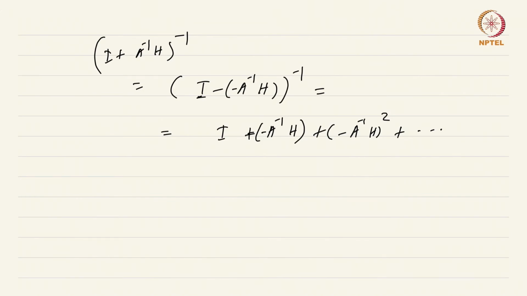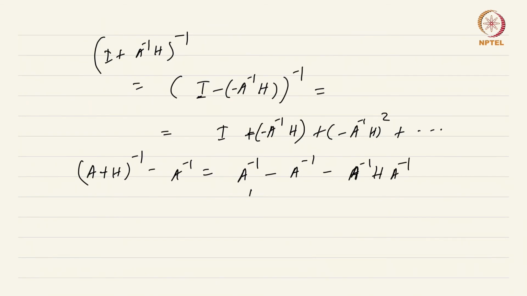So (A+H)^{-1} minus A^{-1} is going to be A^{-1} minus A^{-1}, okay, minus A^{-1}HA^{-1}, plus (-A^{-1}H) squared, plus (-A^{-1}H) cubed, plus dot dot dot, into A^{-1}.